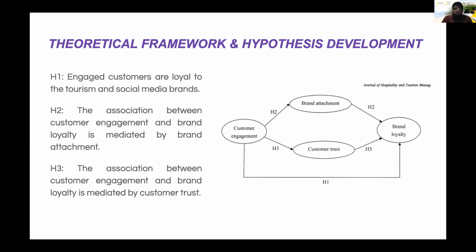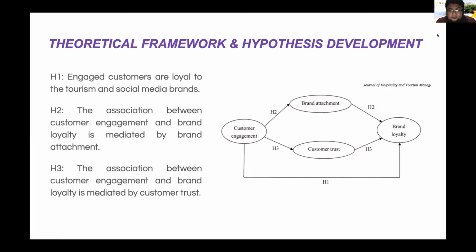In our case, we're going to analyze whether engaged customers of Traveloka are loyal to Traveloka. Our second and third hypotheses are about our mediating variables, brand attachment and customer trust. We want to know whether they really are the bridges between customer engagement and brand loyalty.